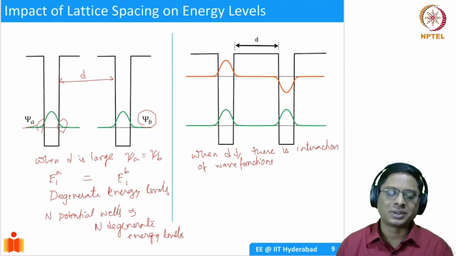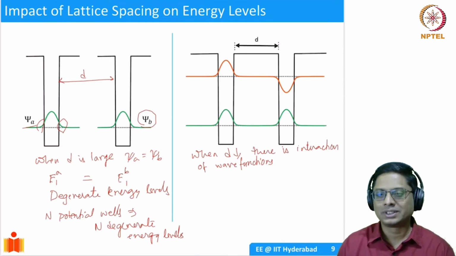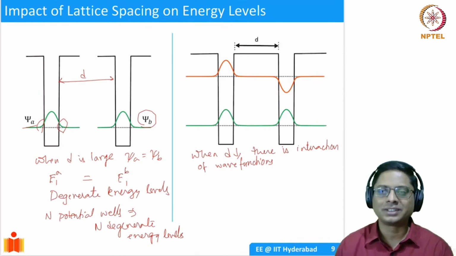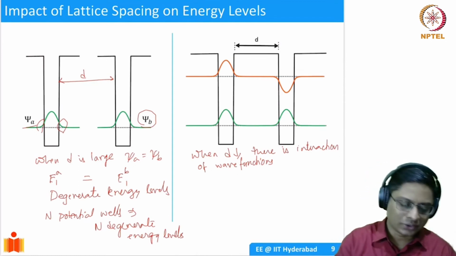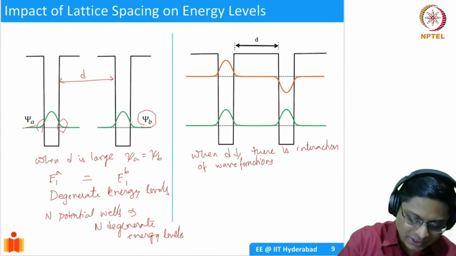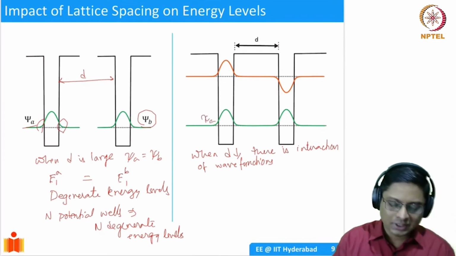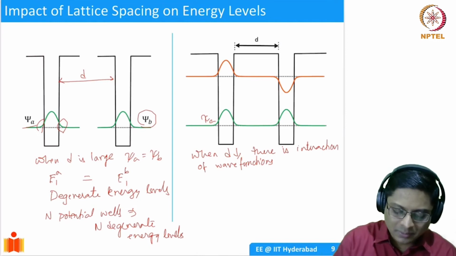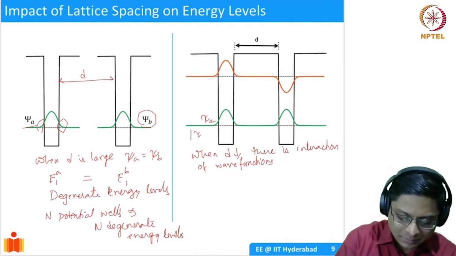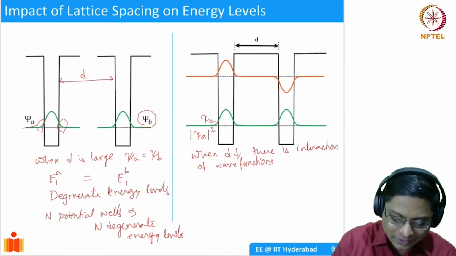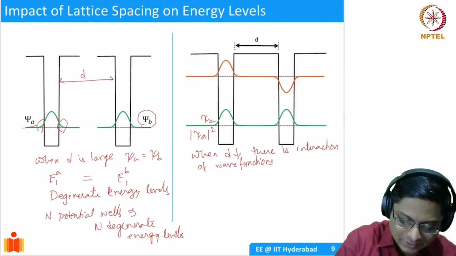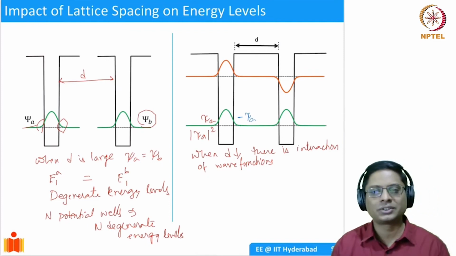So what happens because of that? To understand that, we have to think about what is the most important thing in the practical world. The probability of finding an electron is important. So this is psi A, which has a probability of mod psi A squared. If I consider minus psi A, will it satisfy the Schrodinger equation?